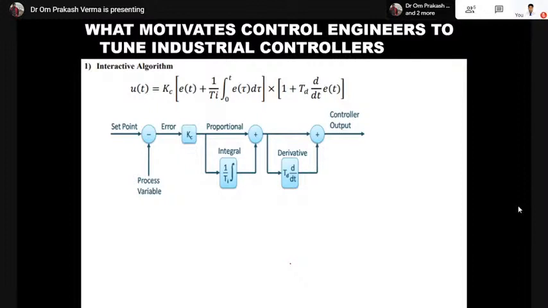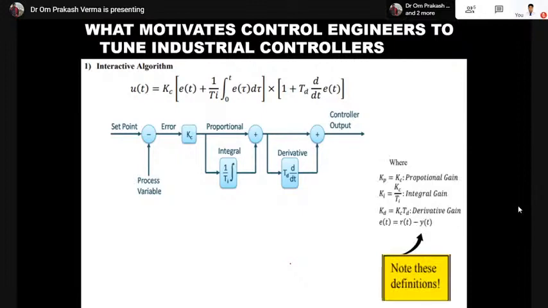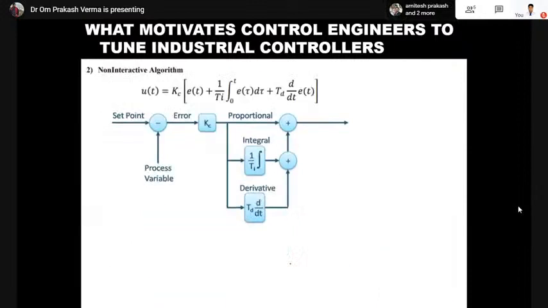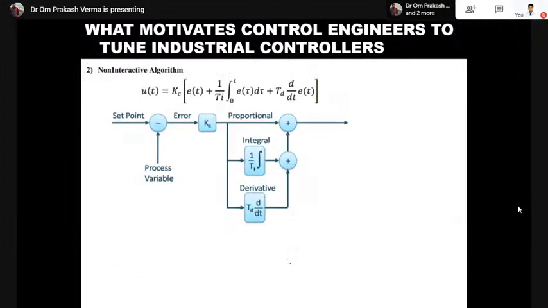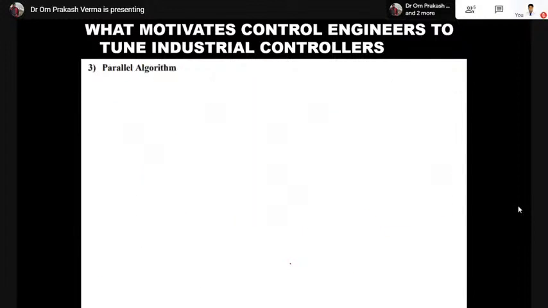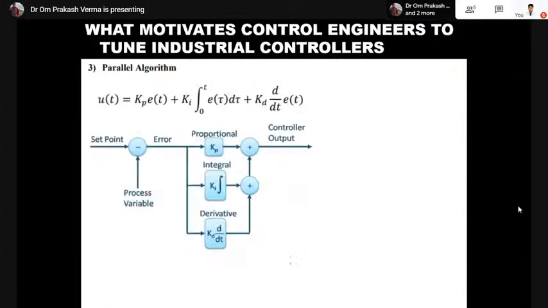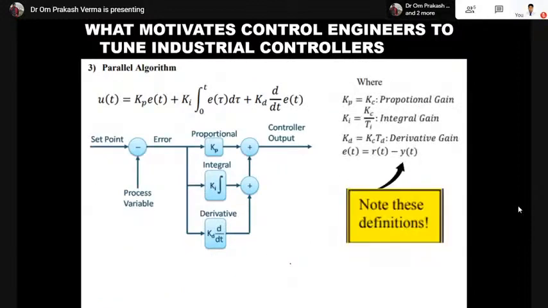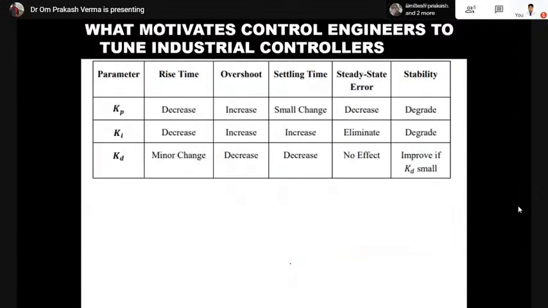You can arrange the PID controller in this form also, no problem with this one, and you can design the proposed PID controller in this form also. So this is the interactive form. However, this is the non-interactive form. This is the parallel algorithm we have discussed earlier. And see this table.